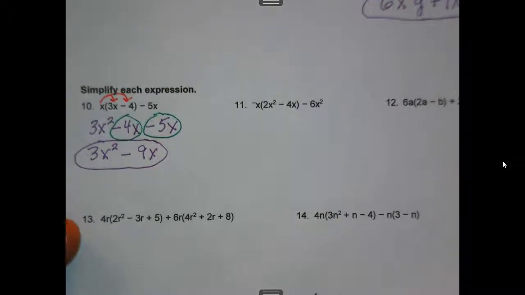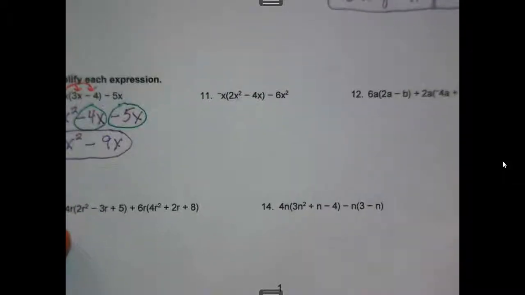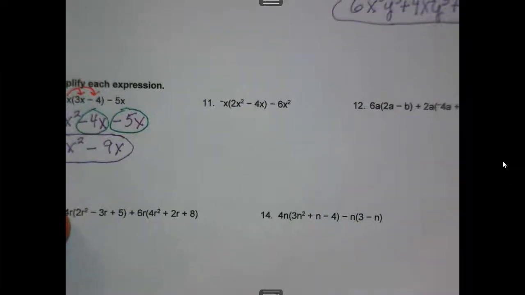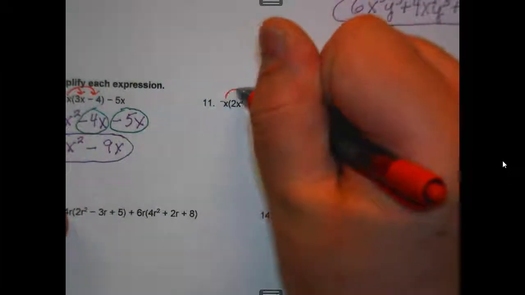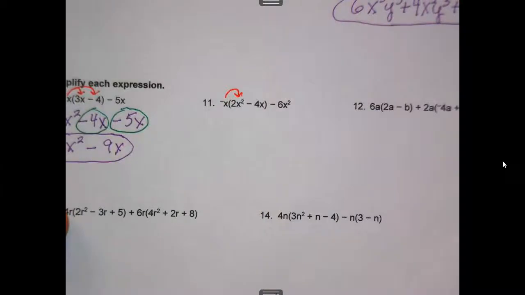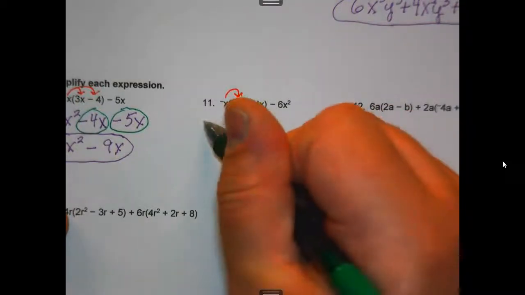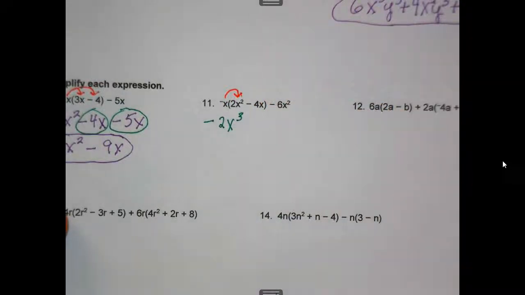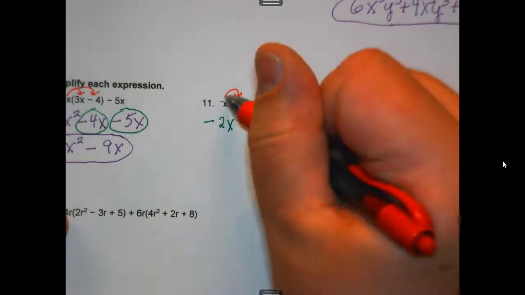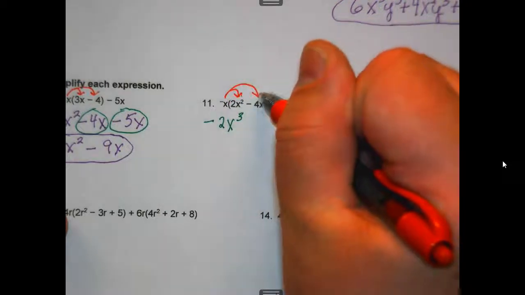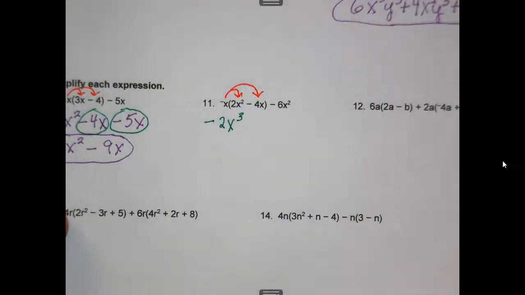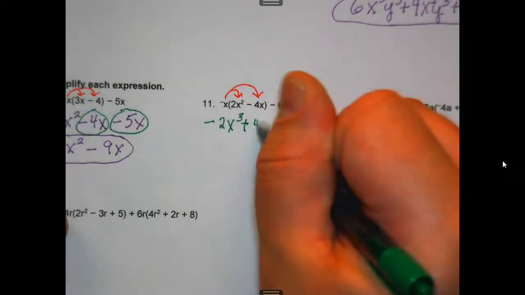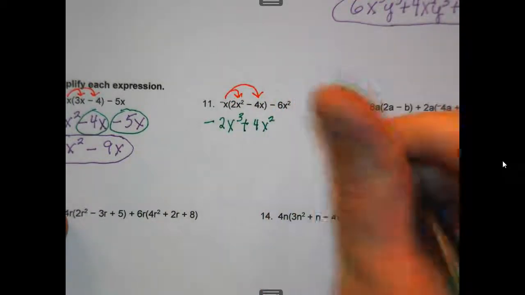Number 11. Negative x times 2x squared, negative 2x cubed. Negative x times negative 4x, the positive 4x squared.